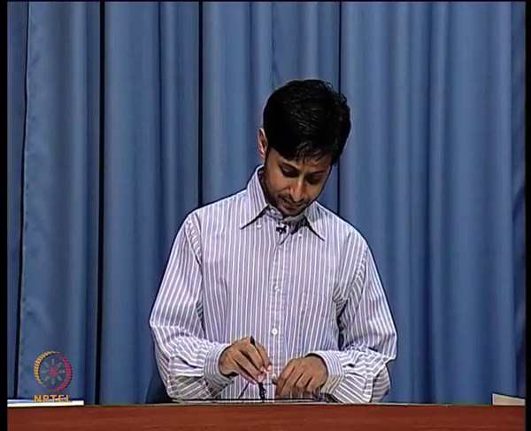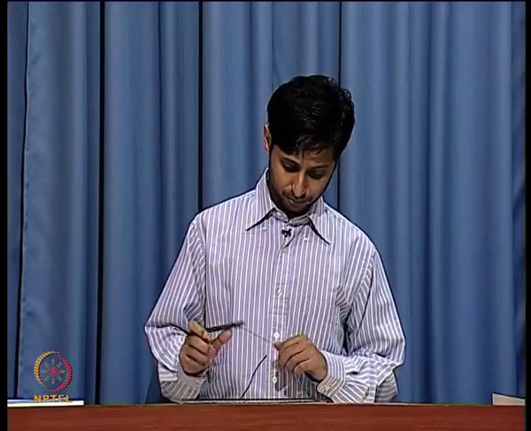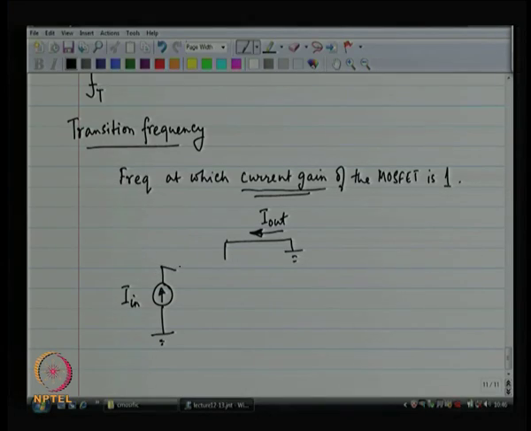So, the MOSFET is going to be replaced by its model. Model for the MOSFET is, first of all, I have got GM, I have got RDS, right. Then I have got C source to body. Is C source to body of any concern? Both sides are at ground, no current is going to flow through it.